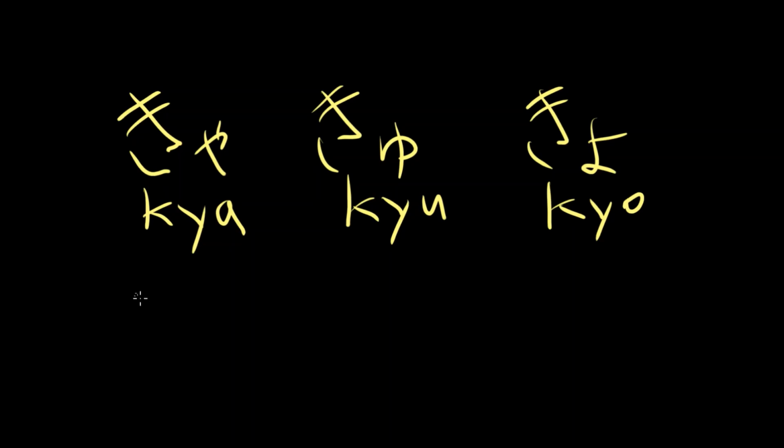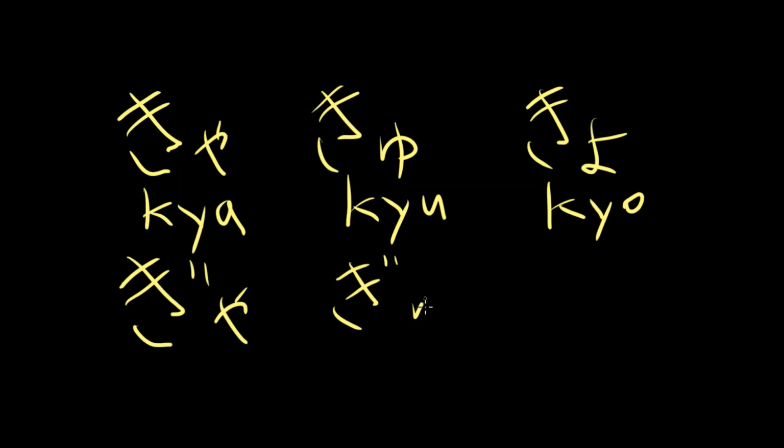Okay. Now, just as we had dakuten for ki, like ki goes to gi, we can also do it for this one. So what do you think that sounds like? I'll write them first. You can try to hazard a guess what their sound is. Remember, ki goes to gi ordinarily.